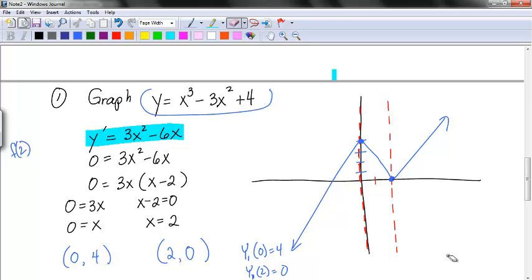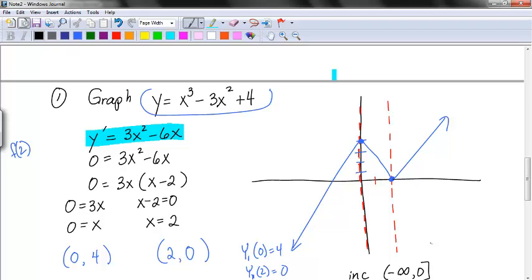Now, you should be able to tell right there where this graph is increasing, decreasing, and its points of max or min. Where is it increasing? Where does it have a positive slope? From negative infinity to 0. And I will tell you the author's not real consistent on whether he's using brackets or parentheses.